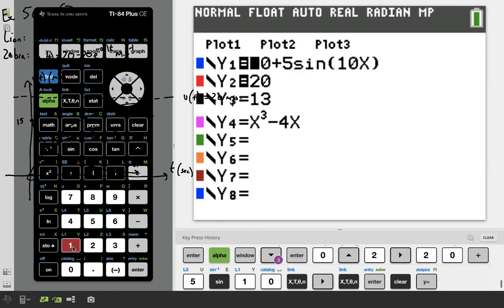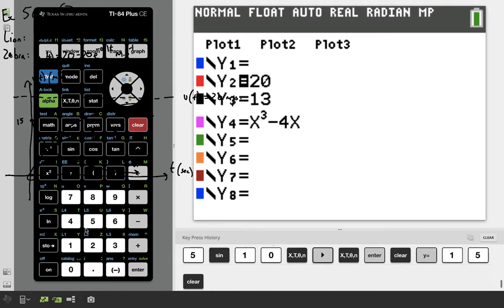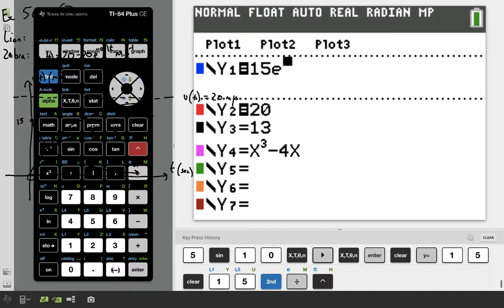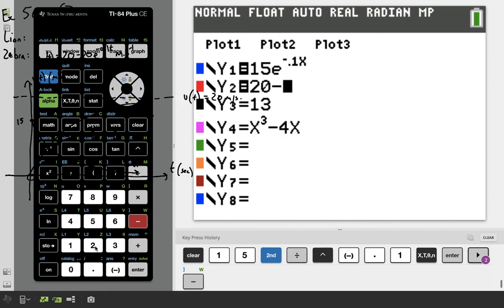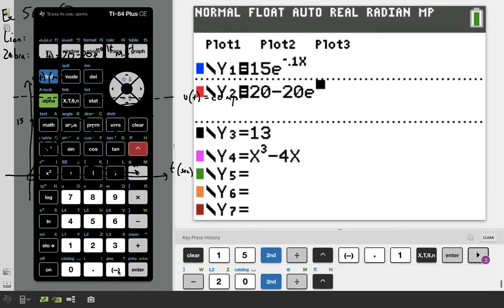So we had 15 e to the power of minus 0.1x. Then we've got 20. Oh, 20 is already there. Minus, now I think it was 20 e to the minus 0.1x.